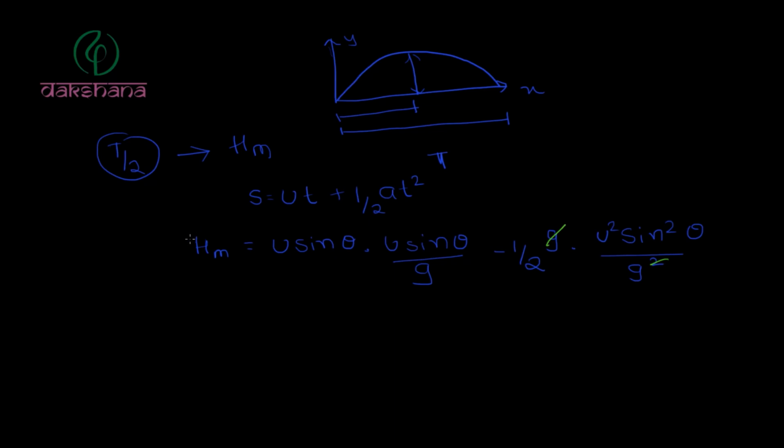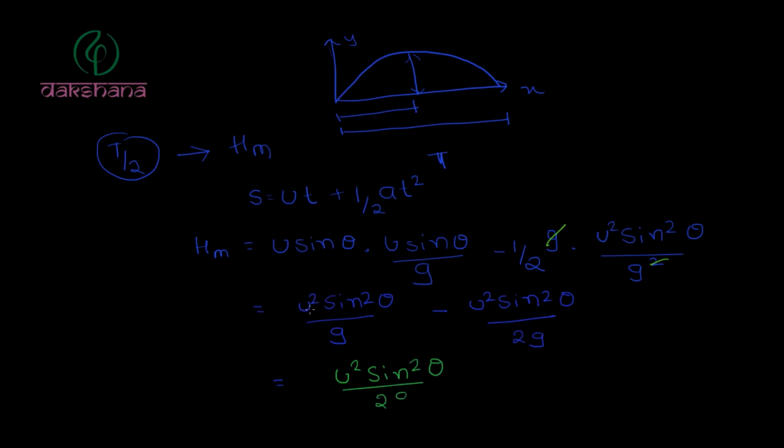So basically what we will be getting is u square sin square theta by g minus u square sin square theta by 2g, which is equal to u square sin square theta by 2g. That is my maximum height.